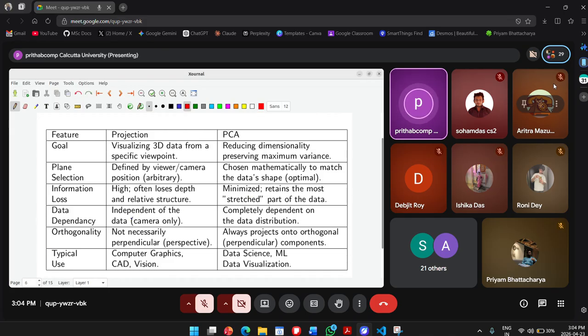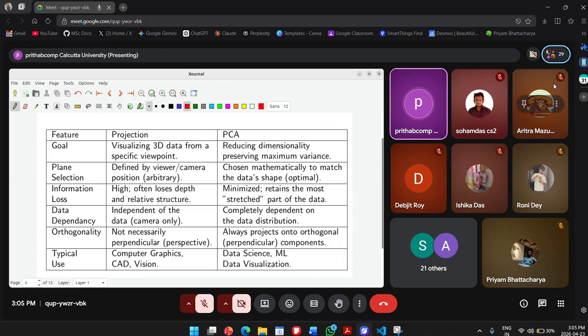Then the projection is independent of the data. It is fixed because of the camera position or your eye position. But PCA is completely dependent on the data distribution. Okay. So the data distribution becomes very important over here. In the case of projection, it is not necessarily that it has to be a perpendicular perspective, but in PCA, the basis vectors are always orthogonal.